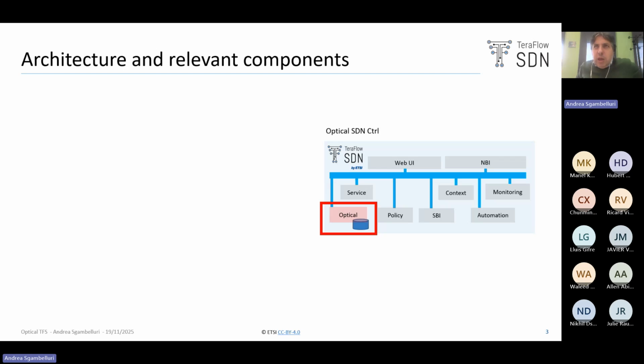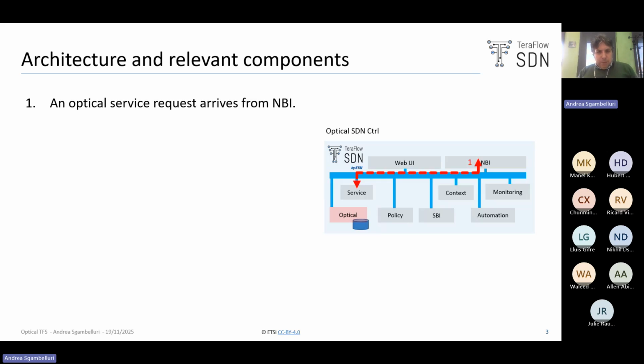So I think you already have seen more or less this architecture with the different blocks. What we did is to create a new block here, that is this optical controller, that was integrated with the rest of the architecture that you can see there. In particular, this is just to highlight the relevant parts that are important in the context of the wide TerraFlow architecture.